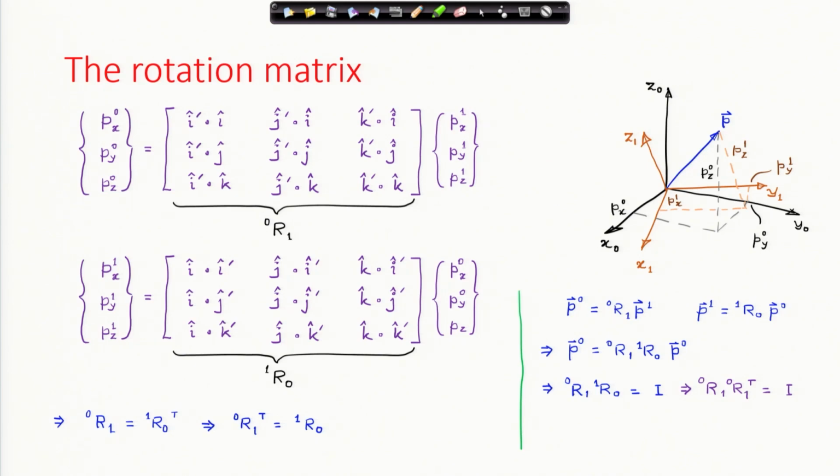And you know that R from 0 to 1 is nothing but transpose of R from 1 to 0. This also tells us that the inverse of R from 1 to 0 is its transpose. This is a very interesting property. This is called orthonormality. The inverse of the rotation matrix is its transpose. So, transpose of a rotation matrix gives us the inverse of the rotation matrix.